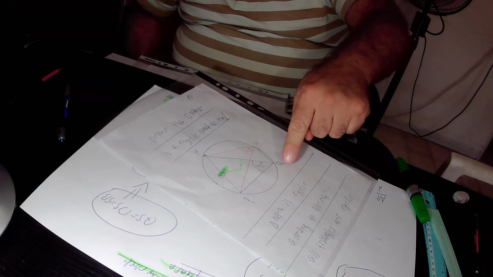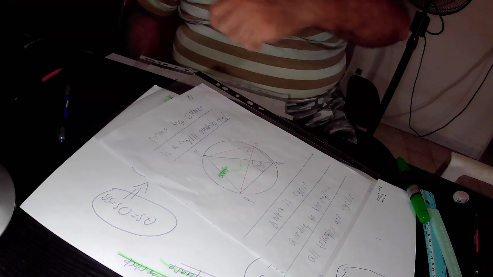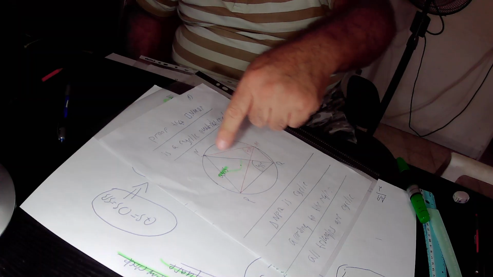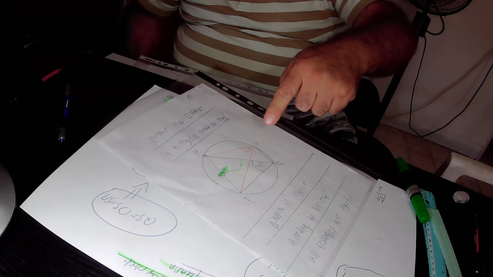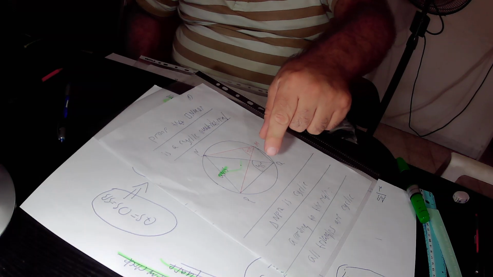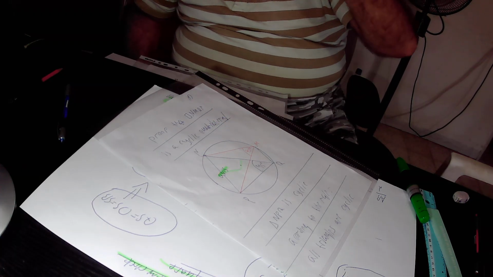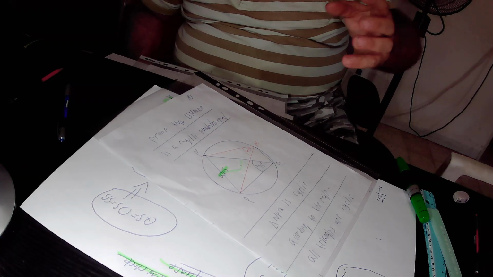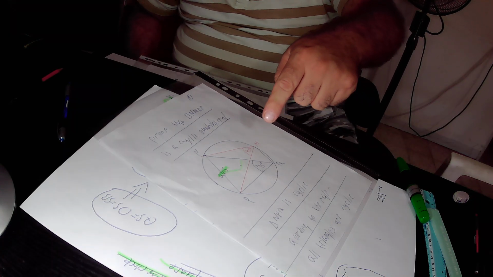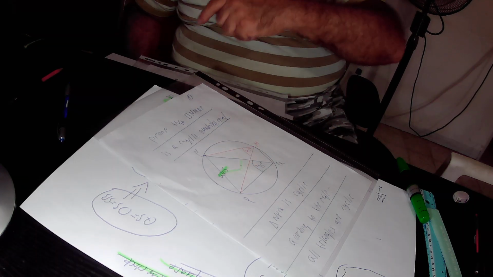We just move the vertex along this circle. Each of them will be equal to 45 degrees, because we will not change the size of the angles. We just rotate it like this without changing the size of the angle. So we get infinite angles, each equal to 45 degrees in its size, and they all subtend on chord PN.